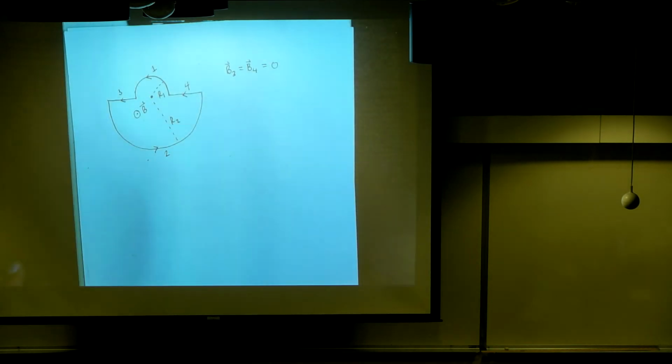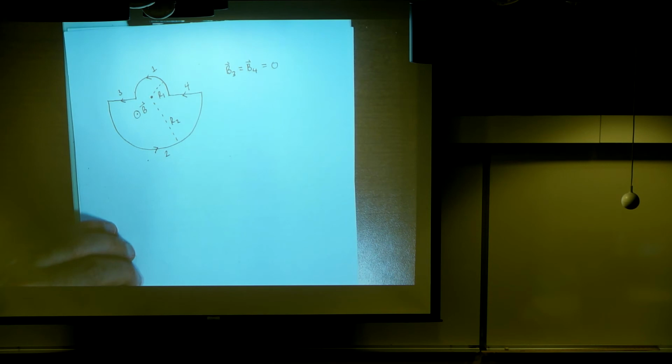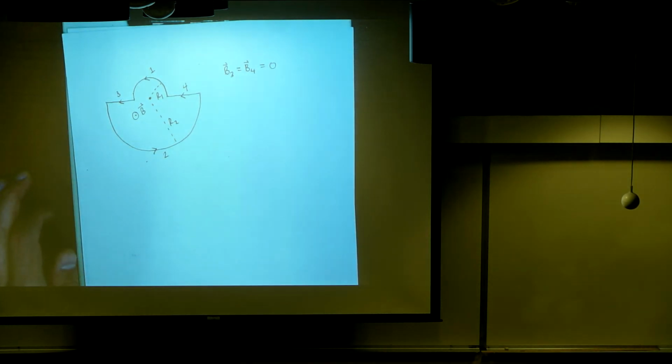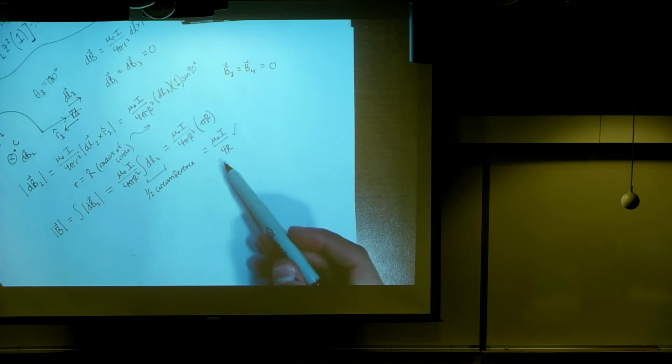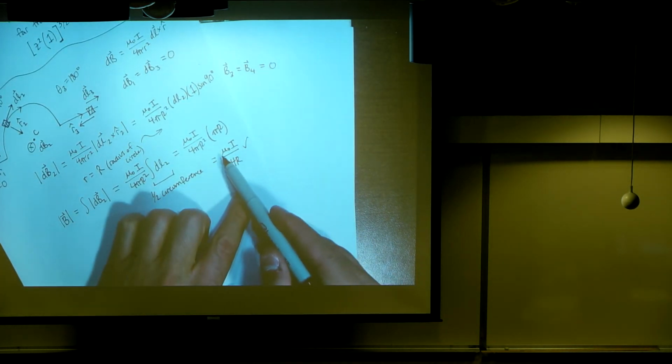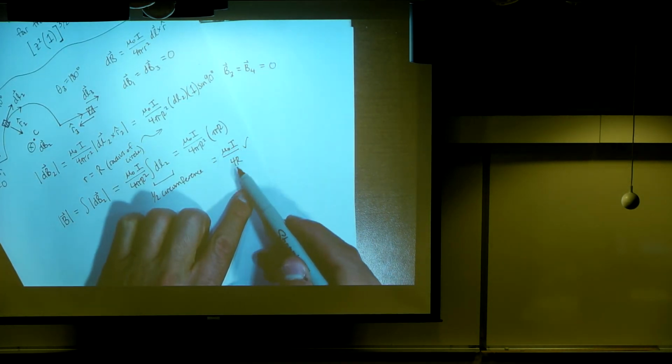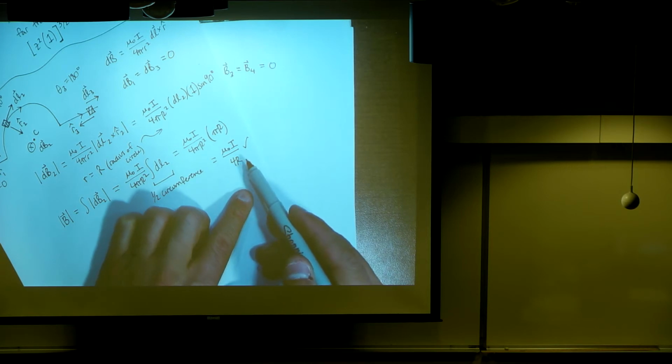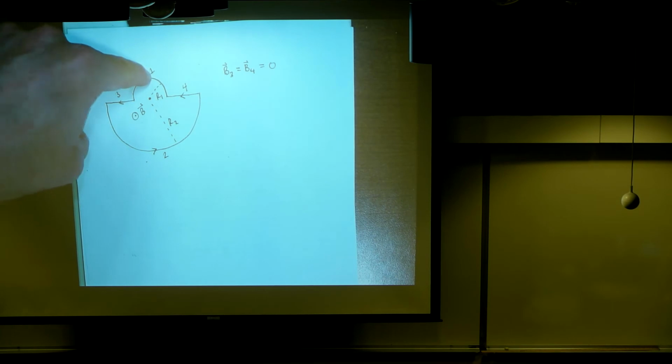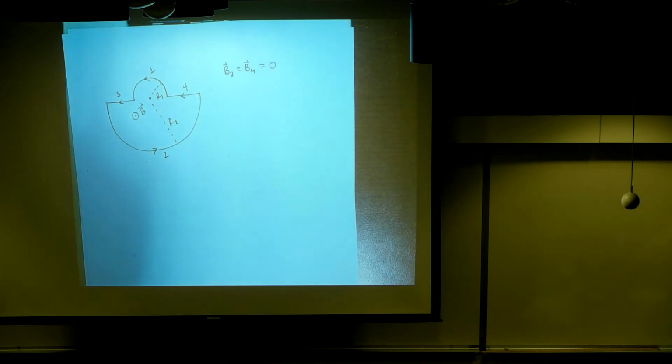Okay, so for the other two segments, we also have a result from the previous problem that is going to be useful here. Because for the half circular segments, we found that it's mu naught times I divided by 4 times R. And that's going to apply to segment number 1 and segment number 2 separately.